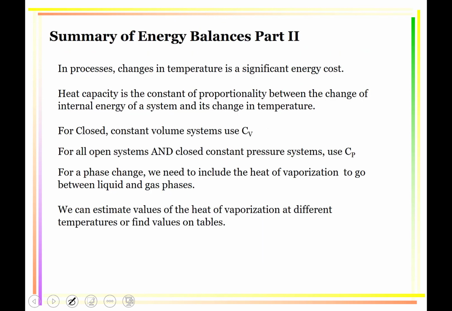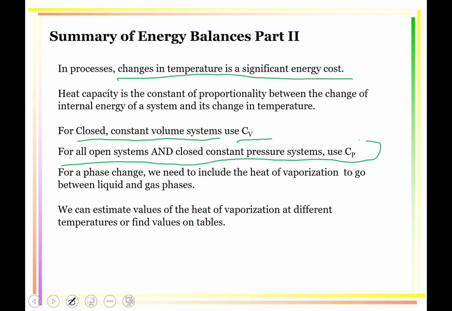So to summarize this lecture, we have to take account of changes in temperature because it results in a significant energy cost. And we will use heat capacities. We will use CV for closed systems at constant volume, and for all open systems.